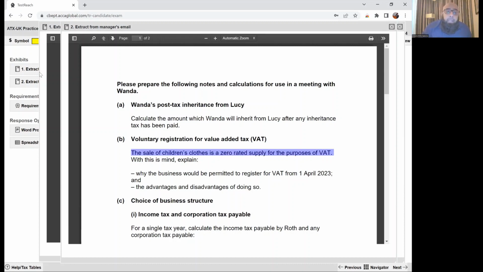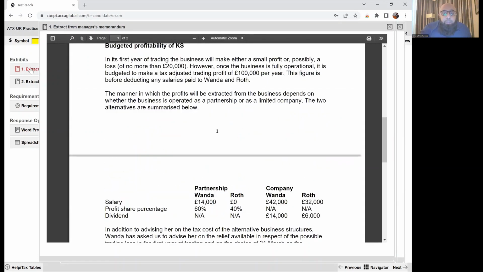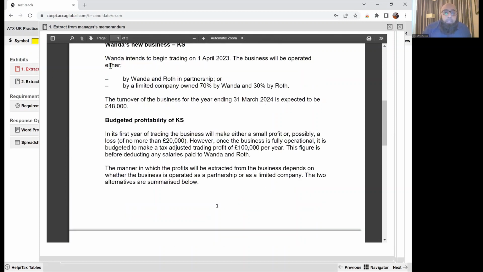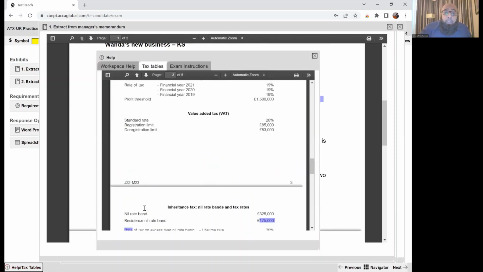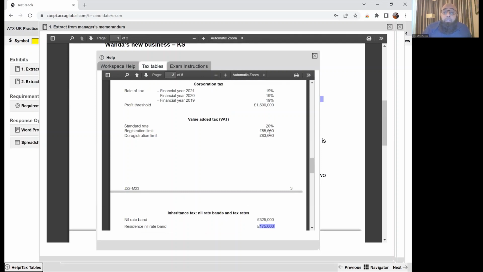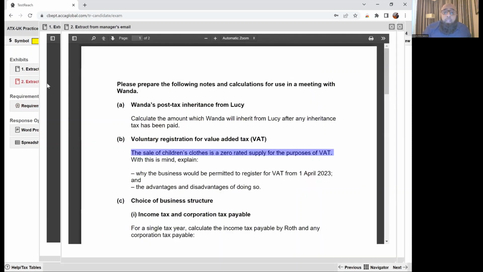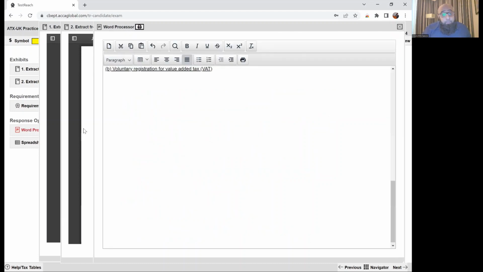The expected sales of the business, the turnover of the business is 48,000. And if you look at the tax rate sheet, in the value added tax head, the registration limit is 85,000 pounds. So the first question is asking that why the business would be permitted to register for VAT.